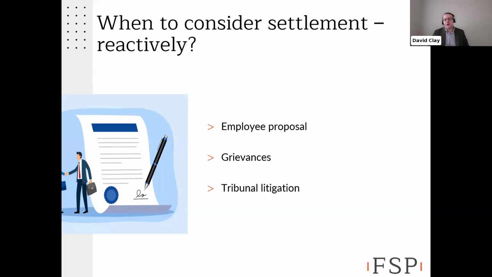So even where you think you're in quite a strong position with litigation, you've always got that risk that your witnesses might say something unhelpful when they're being cross-examined, that the judge may just prefer the claimant's evidence to yours, etc. And so, yeah, litigation is probably the most common scenario where you're reactively considering settlement.